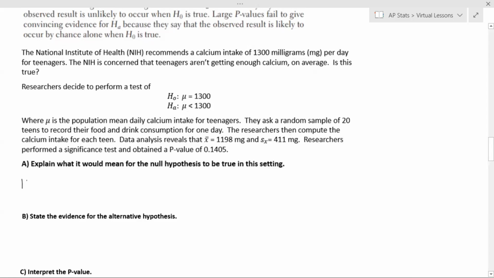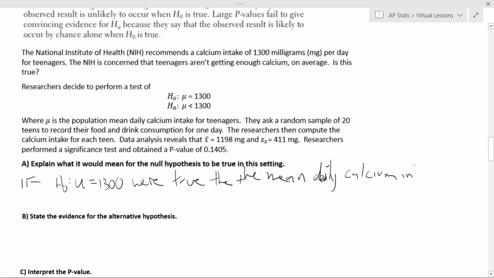So if the null, mu equals 1,300, were true, then the mean daily calcium intake in the population of teens is 1,300 milligrams.